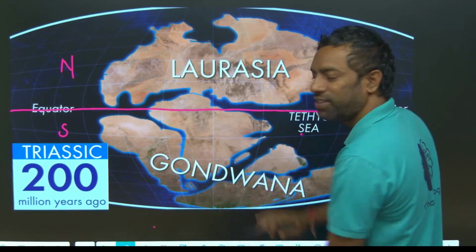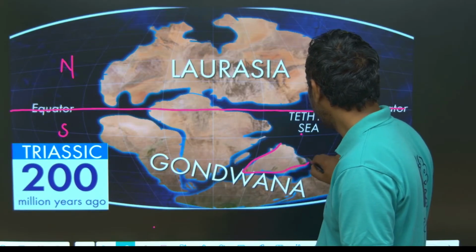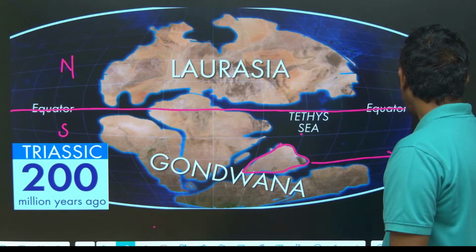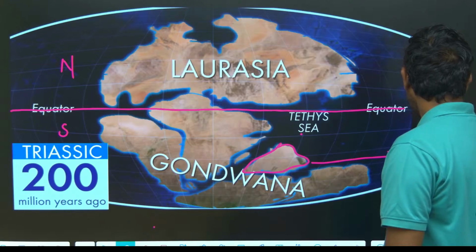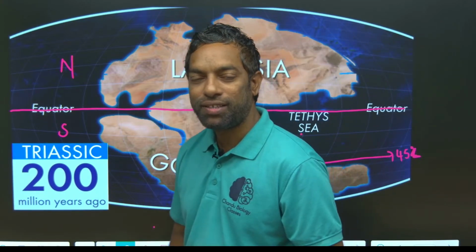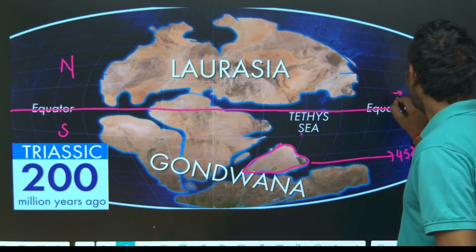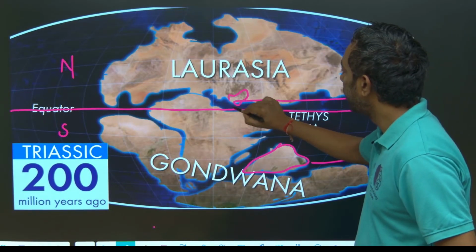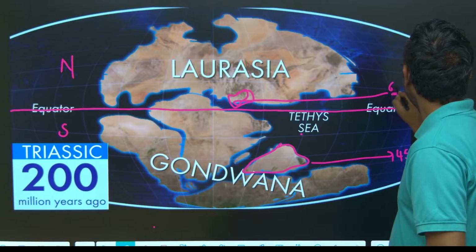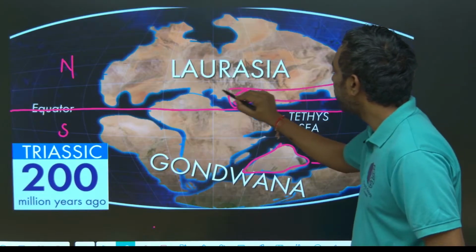India was completely south, maybe at 45-degree latitude. Right now, India is a tropical country, in the northern tropics, from 6 degrees to 37 degrees north. This is the place of India right now.